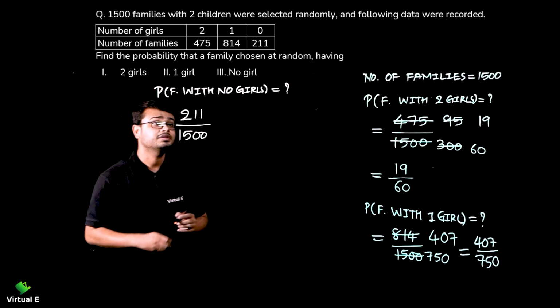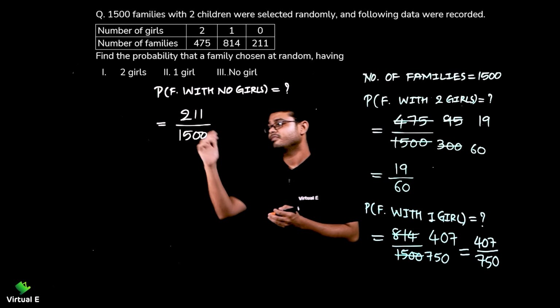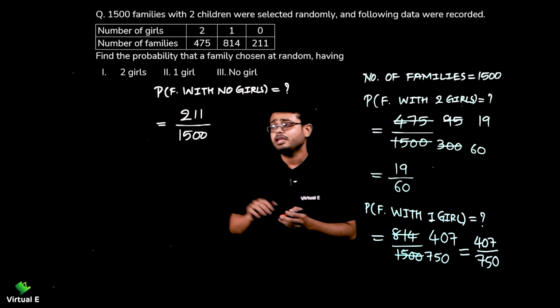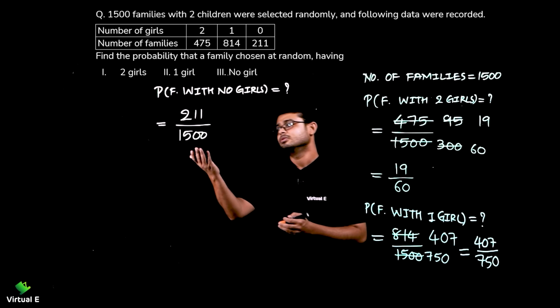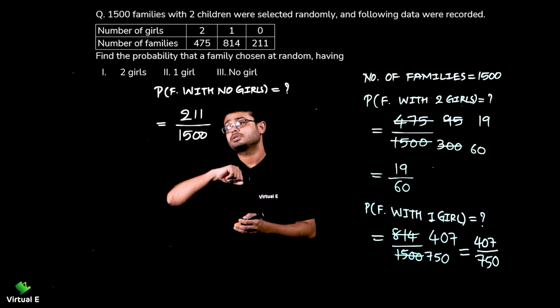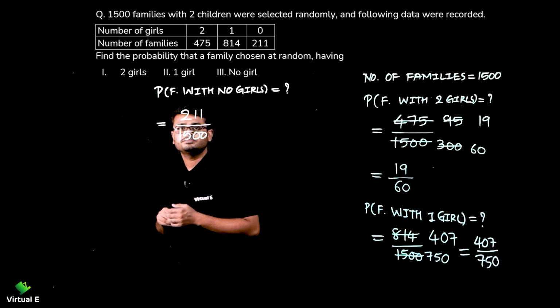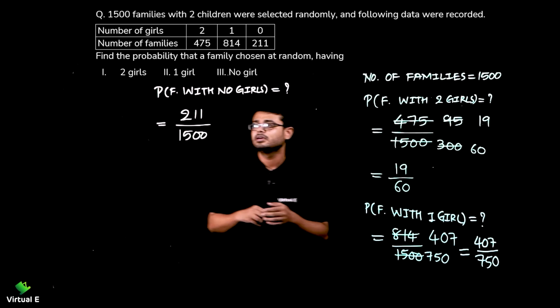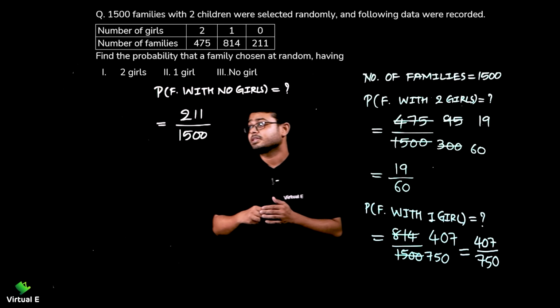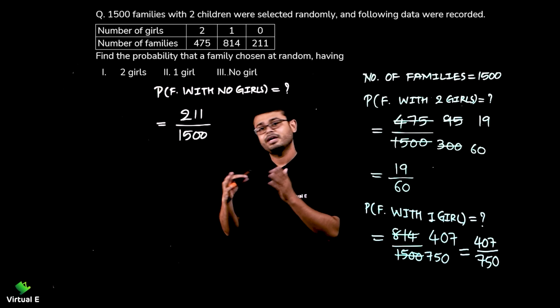So that's the answer. 211 is an odd number and 1500 is an even number, so we cannot divide by 2. We can try with 3 as well: 2 and 1 and 1 is 4, so 3 is also not possible, right? 5 is obviously not possible, right? If you can divide, you can go ahead. I think we cannot divide further than this. So this is the final answer. Stop at that point if you cannot divide.